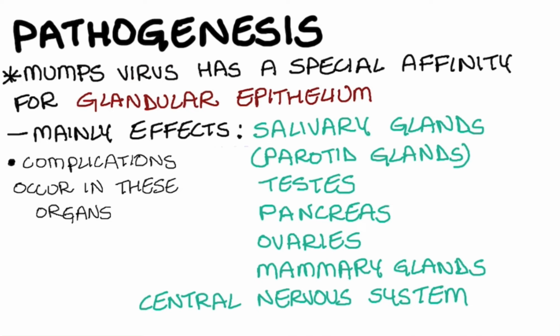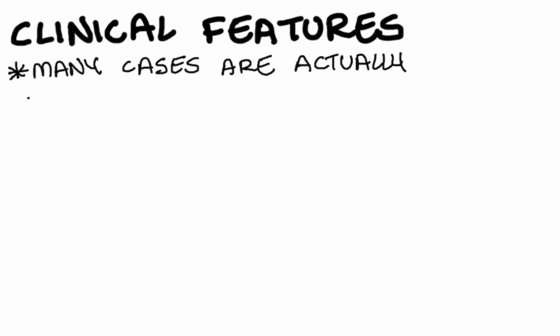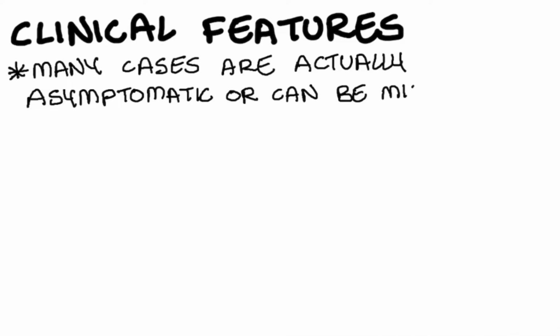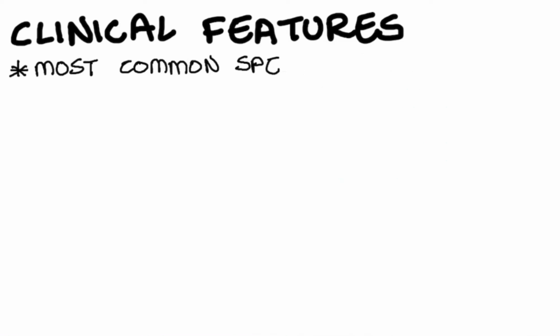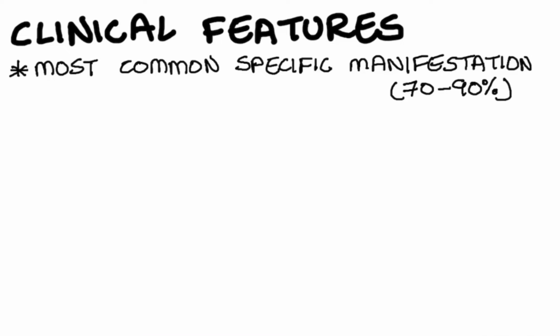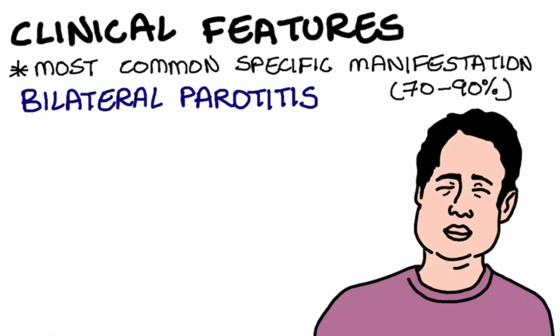Now, moving to its clinical features, many cases are actually asymptomatic or can be mild with symptoms like fever, myalgia, and loss of appetite. The most common specific manifestation that is seen in 70 to 90% of mumps cases is bilateral parotitis.